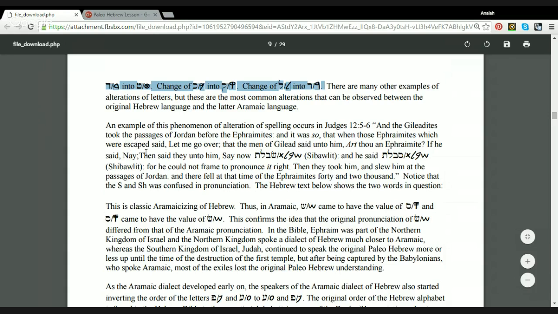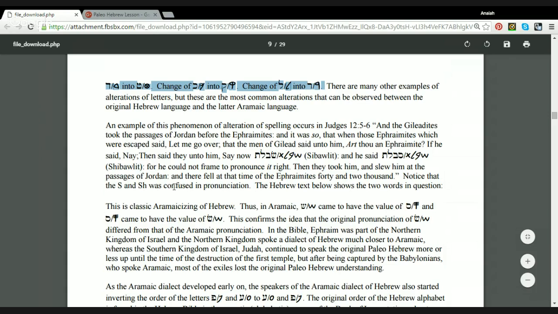If he said, "Nay," then said they unto him, "Say now, Sibboleth," and he said, "Shibboleth," for he could not frame to pronounce right. Then they took him and slew him at the passages of Jordan. And there fell at that time of the Ephraimites forty and two thousand.